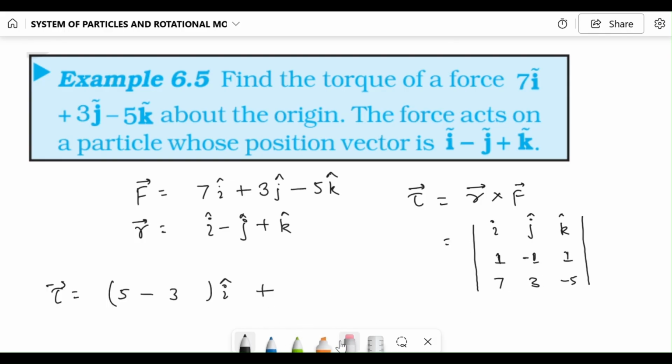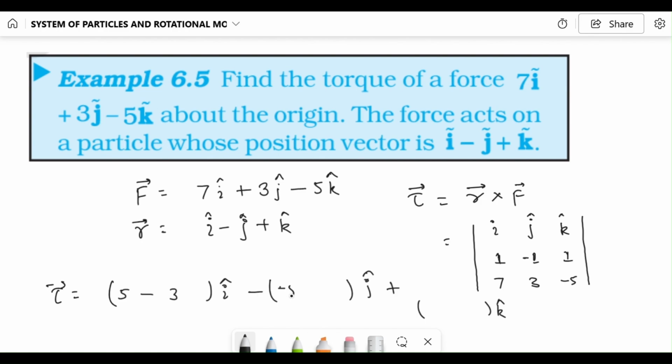So I am keeping it simple, just using alternating signs here. Then there will be a minus sign, and then the coefficient of j cap, and then a plus sign, and then the coefficient of k cap. So what is the coefficient of j cap here? We have to calculate. So j cap is here. We have to eliminate this column and this row, and then we can write minus 1 into minus 5.